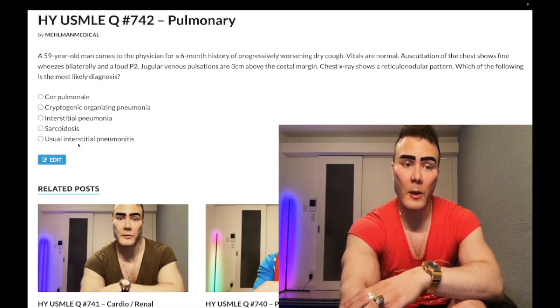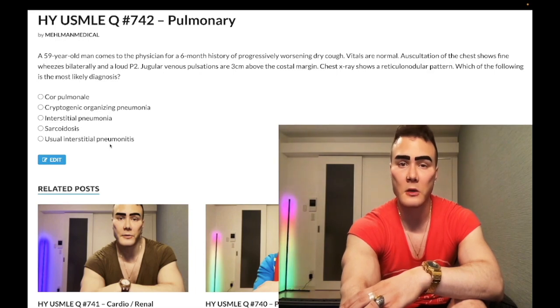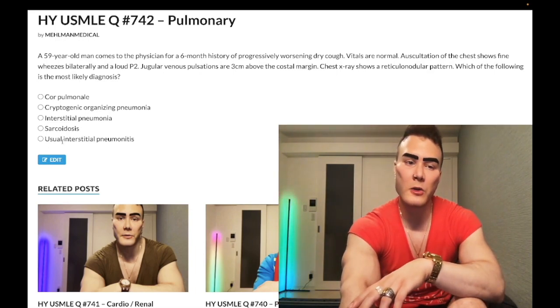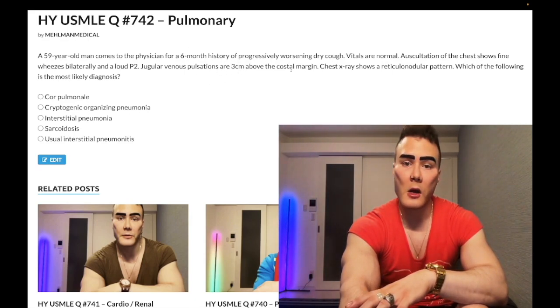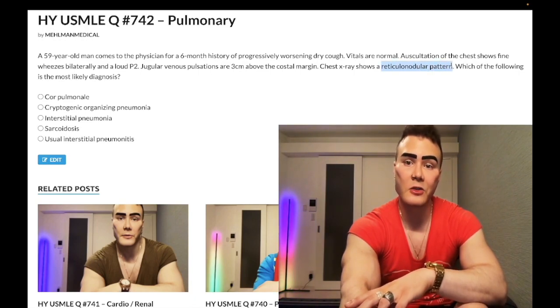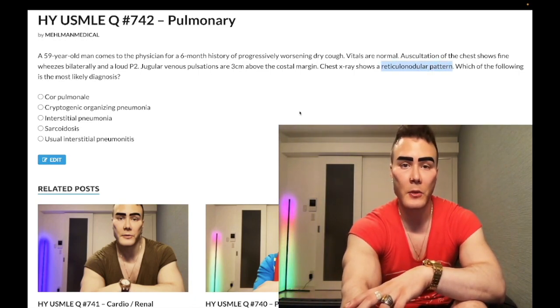You look up the Wikipedia article on this, they'll talk about like 50 different conditions this could refer to. But what USMLE wants you to know is that when you just see this in isolation, you need to think of it as synonymous with idiopathic pulmonary fibrosis, which is the answer here. Now, this chest x-ray finding of a reticulonodular pattern is extremely buzzy.